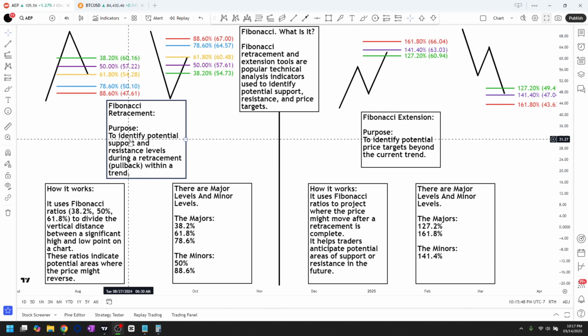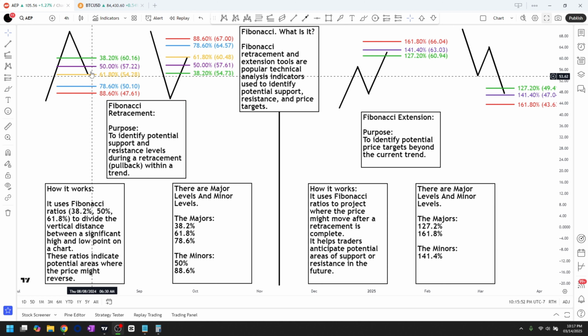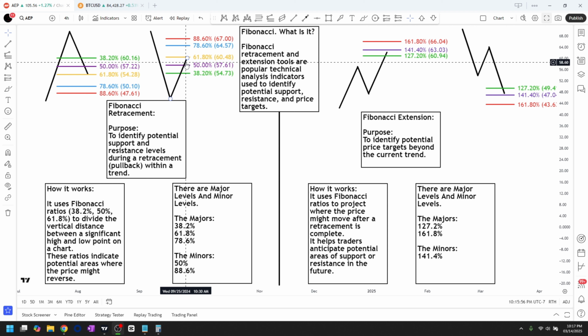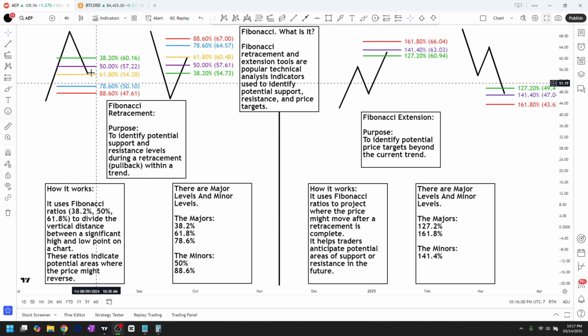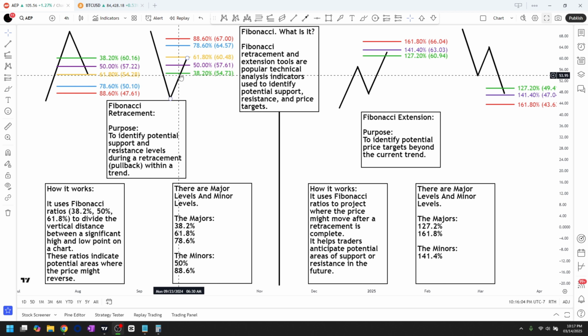To identify potential support and resistance levels, in this case it'll be support. Let's say you're talking about a correction coming down, you're coming down to a level of support. When you're talking about the market correcting up, those are levels of resistance.